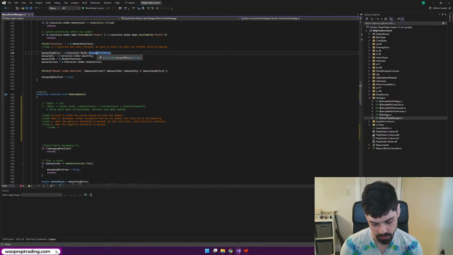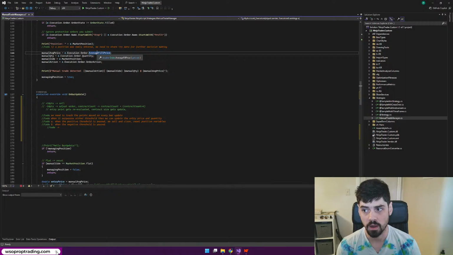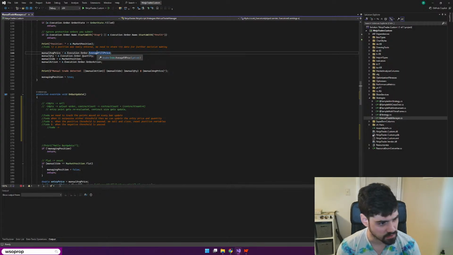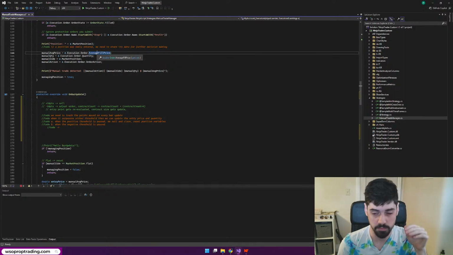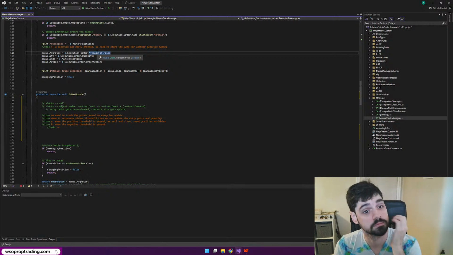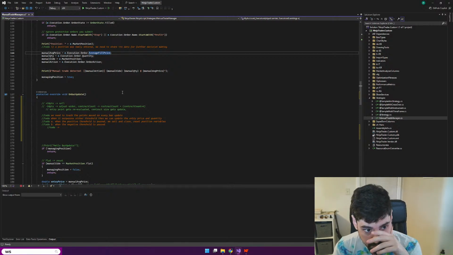So if we were at a $100 share price, we bought one, our entry price is at 100, and it drops down to 95, and we buy 4 of those, then our entry price should be like 96 or 96.5, something like that, right? So instead of the points being calculated from the 100, the points would then be calculated from the 96.5, right?